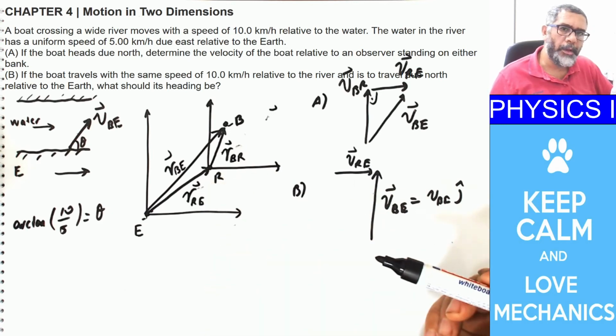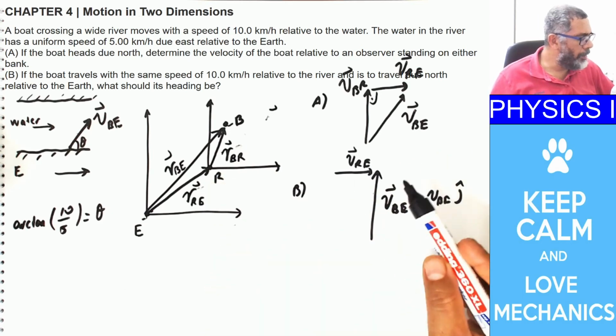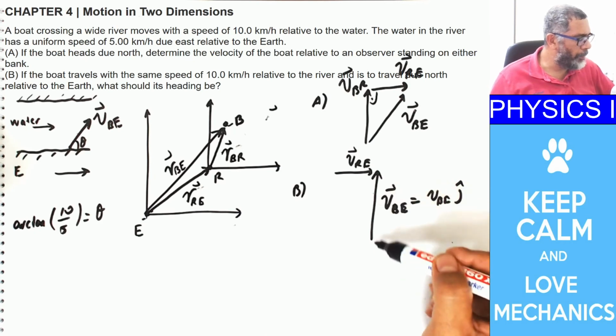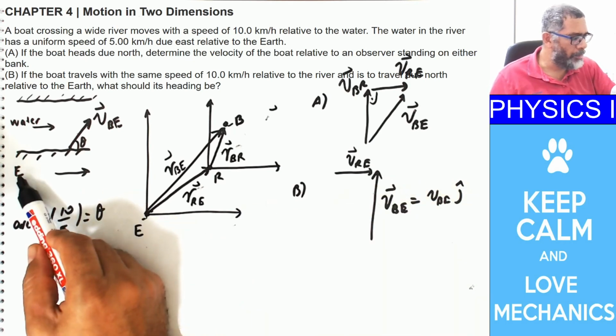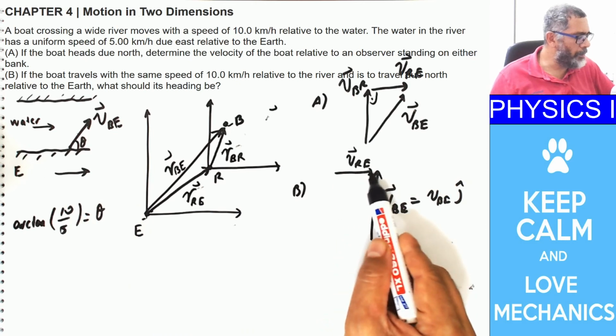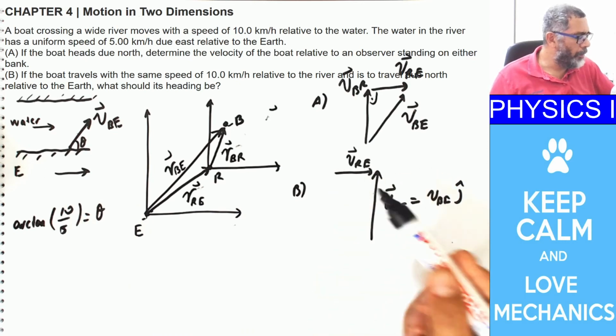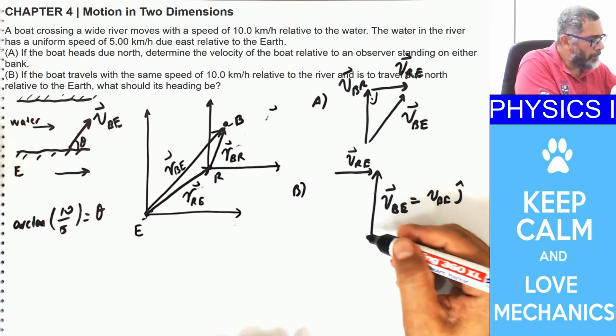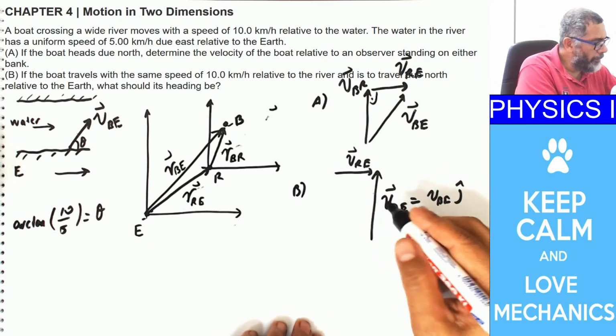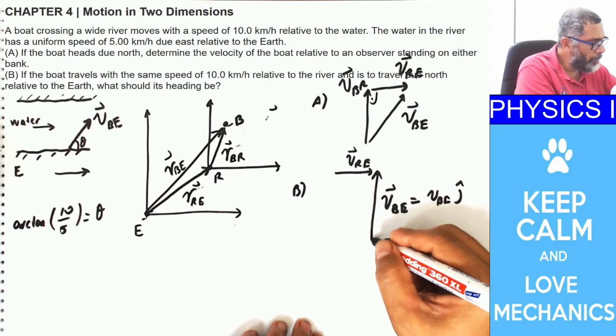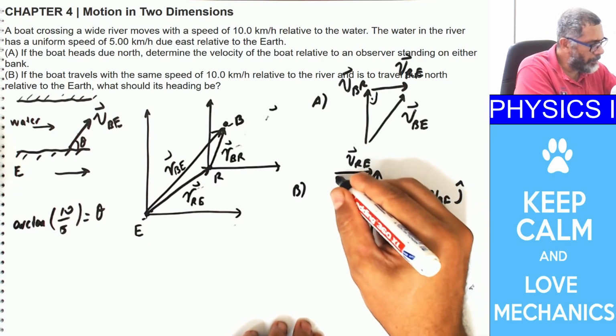So obviously, if the boat is moving directly perpendicular with respect to Earth, and if this is the velocity of the water flowing in this direction, the boat's head must be somewhat in this direction.